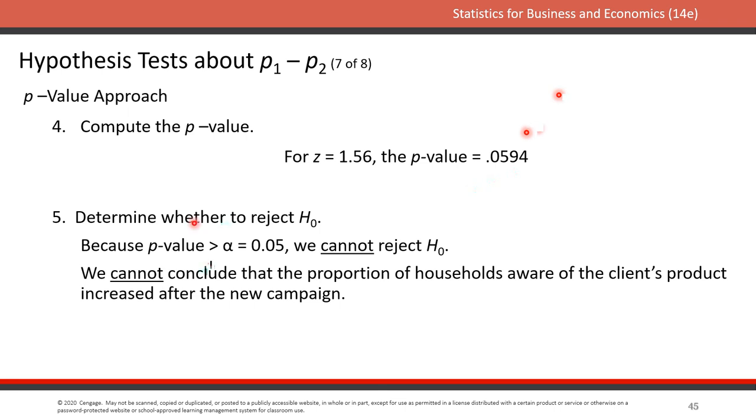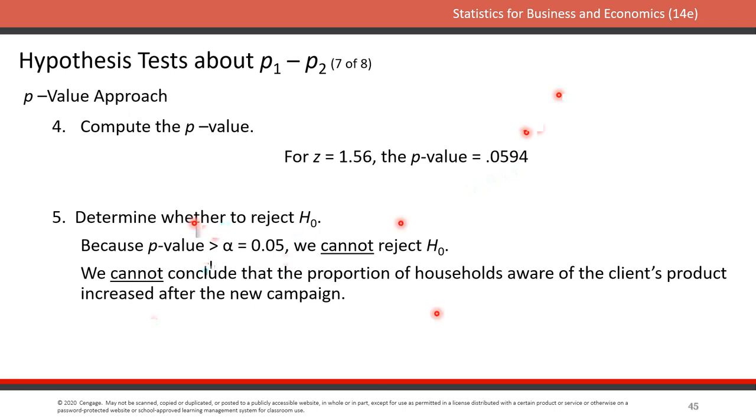And because p-value is bigger than alpha, we fail to reject. So p less than alpha, we reject. P bigger than alpha, we fail to reject. So we fail to reject the null and we don't have enough evidence to make the conclusion that the awareness grew after the campaign.